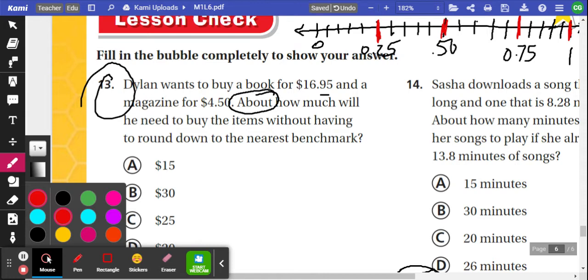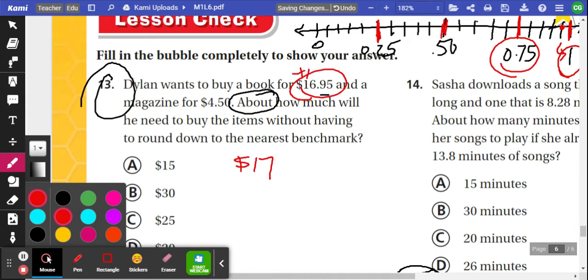If I put this over here, it's going to be way over here, right? That 95 hundredths or 95 cents is in between 75 hundredths and 1, and it's close to 1. So this number would be 16 plus 1, so it'll be $17, right? Because I'm rounding up.